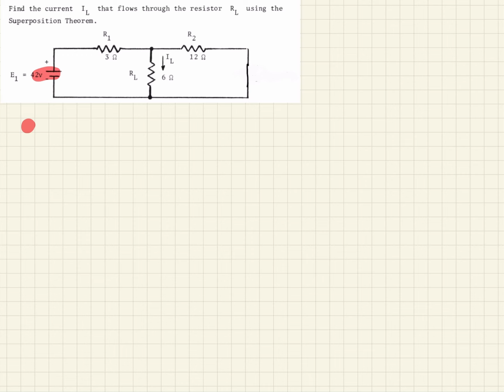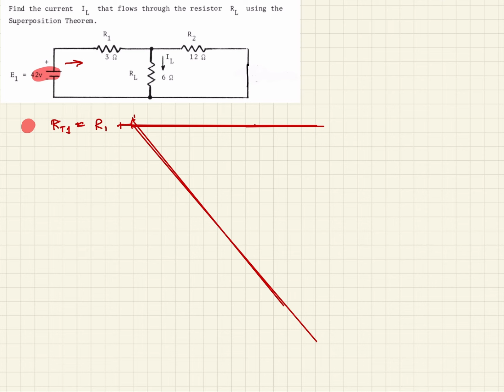Before we can do that, though, we need to know what the total current is. And before we can do that, we need to know what total resistance is. So looking into this direction, we see then that our R total, we'll call this R total 1, is going to be equal to R1 plus R2 in parallel with RL.